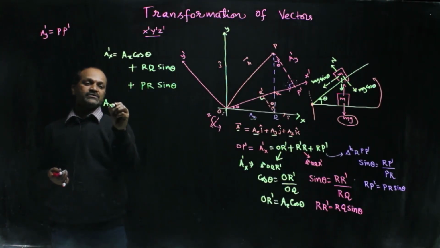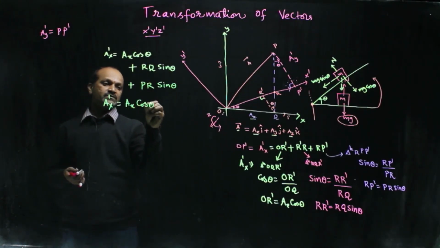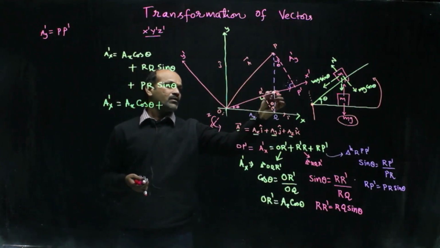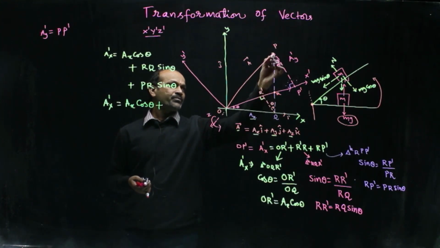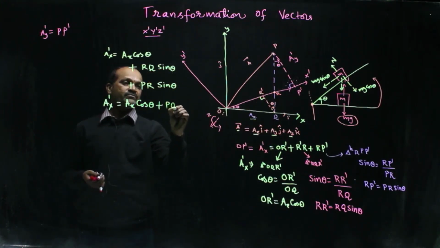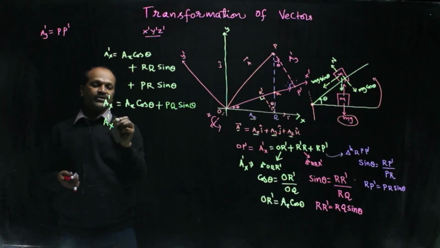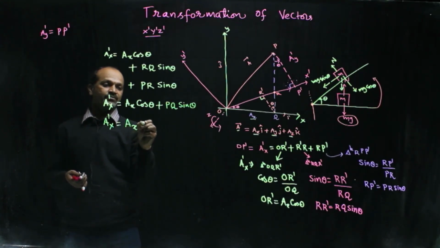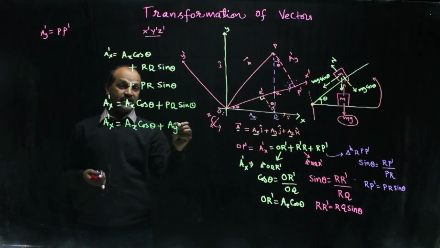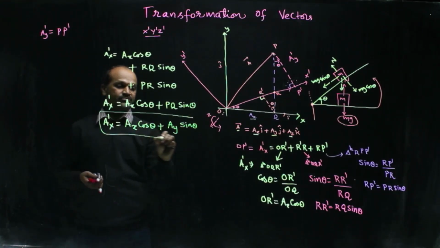Now Ax dash is equal to Ax cos theta plus, if you take sin theta common, RQ plus PR, that is from P to Q, PQ sin theta. That is, Ax dash is equal to Ax cos theta plus PQ, which is Ay, sin theta. We got Ax dash now.